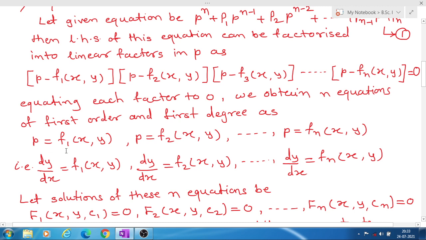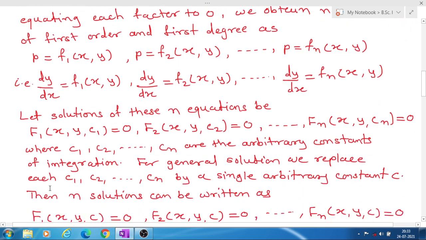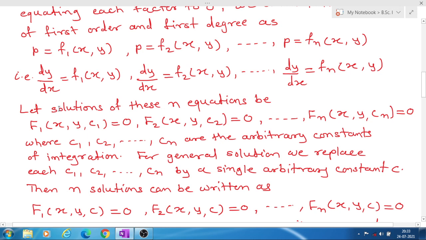Therefore, p is equal to f1(x,y). Similarly, p minus f2(x,y) is equal to 0. Therefore, p is equal to f2(x,y), and so on. And from the last factor we get p is equal to fn(x,y). Therefore, this p is nothing but dy by dx.